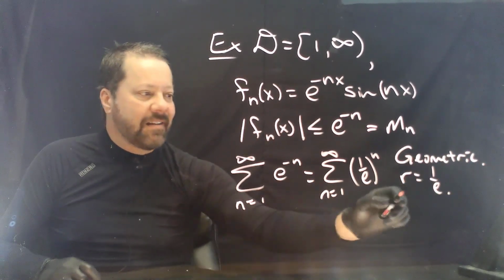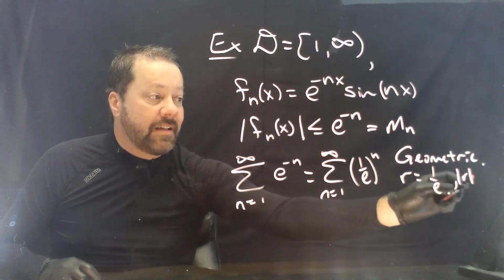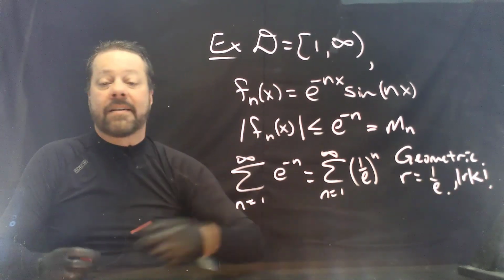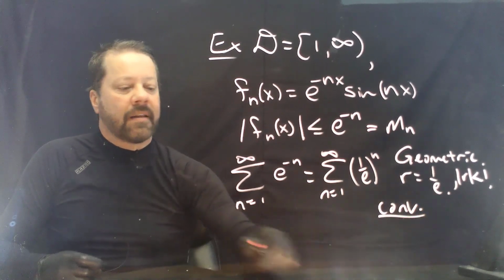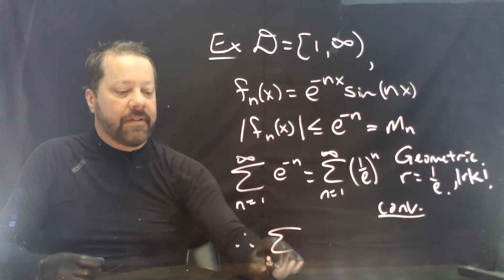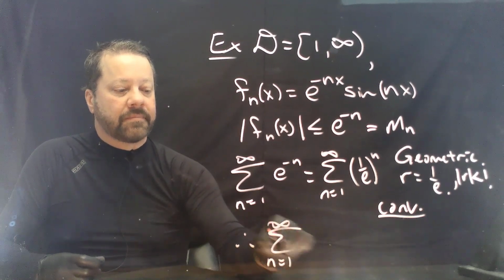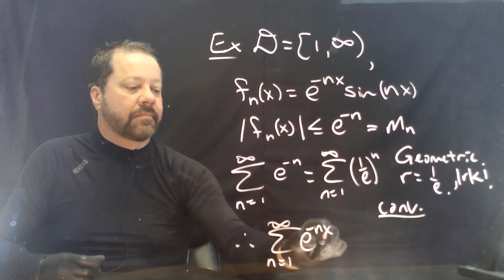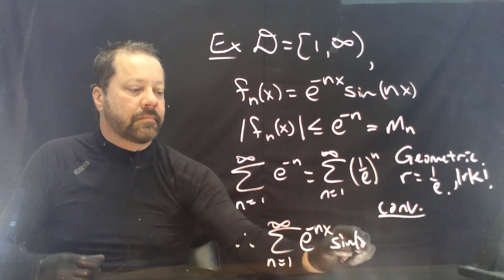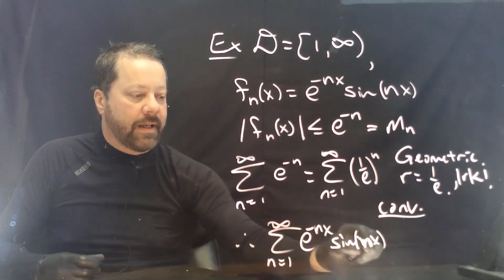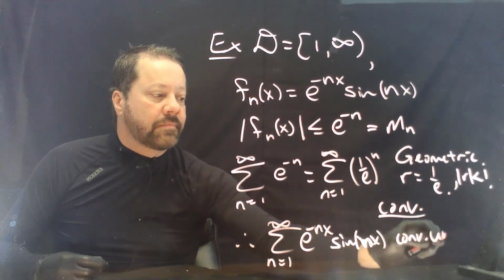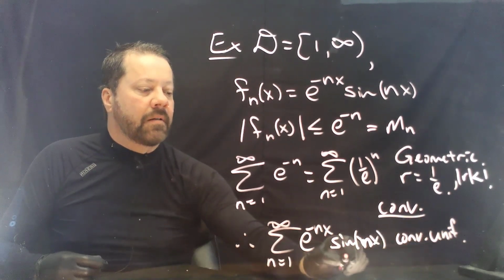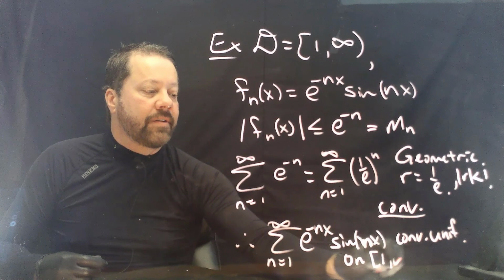And since the common ratio has a magnitude less than 1, this will surely converge. Therefore, this series in x converges uniformly on the interval 1 to infinity.